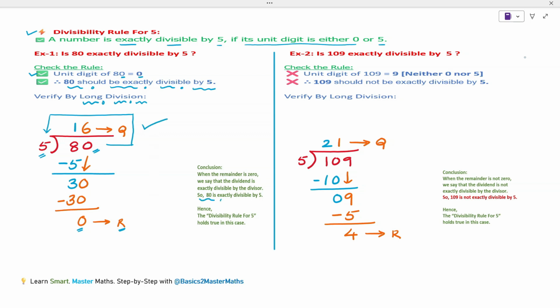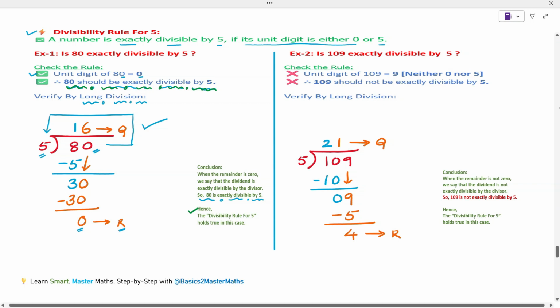So, 80 is exactly divisible by 5. Hence, the divisibility rule for 5 holds true in this case because it already said that 80 should be exactly divisible by 5. Got it?